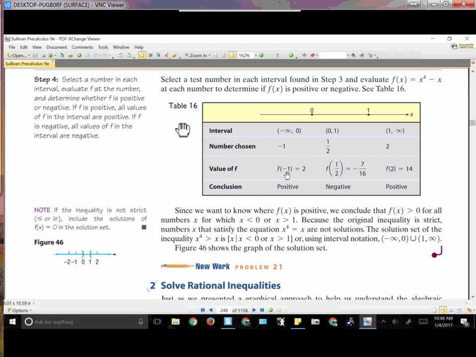Well, I pop it in here, do the math, and I end up seeing that, hey, it's 2, it's positive. So would that imply that everything that is on that side should be above or below? It would have to be above.